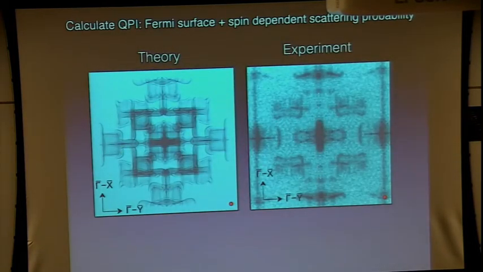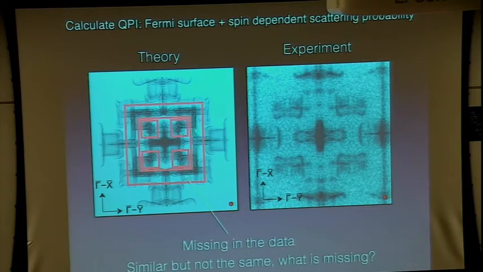So when we did this, here are the comparisons. Here's the experiment, and here's the theory, which basically captures the ARPES measurement. So you can see there are some features that are similar, but one of the things you notice is that there are very large swaths of scattering in these interference patterns that are just simply missing.